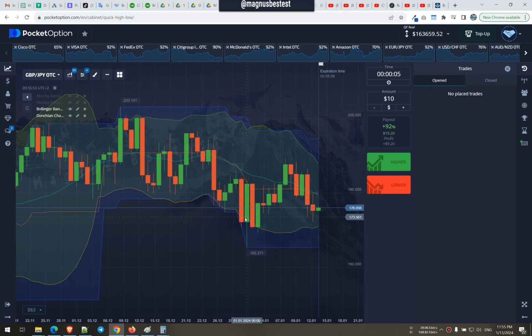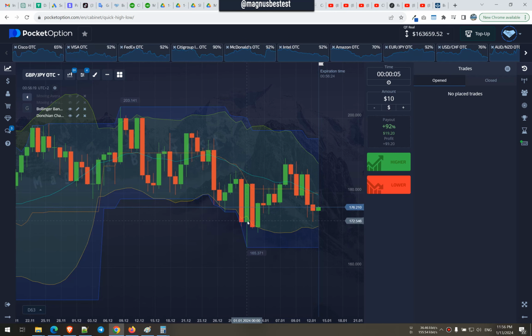This is the Bollinger Band, and why doesn't it go as low as the Donchian channel band on the lower side? It's simply because the Donchian channel takes into account the highs and the lows. So basically, this is the difference. As you can see, the Bollinger Bands are smoother.